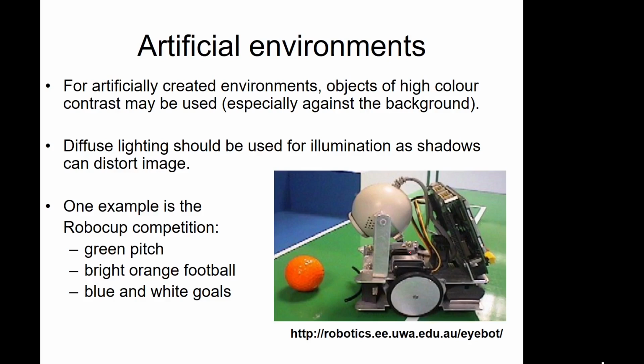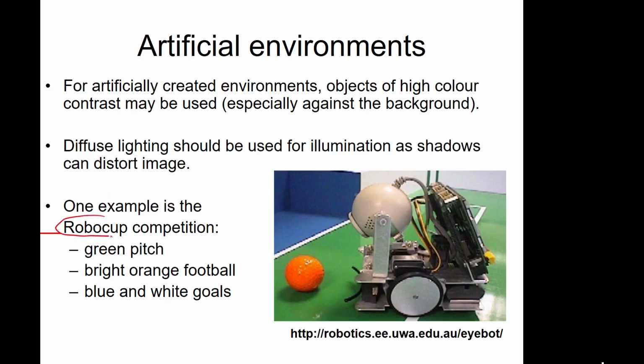So where colour segmentation comes in is when you have an environment that has got a lot of artificial colour and you use that to help the robot work out where it is and what it's doing. So it's a false scenario, so it's not really applicable to real world applications, but it's good in terms of specific robot competitions, for example. So this is a RoboCup.